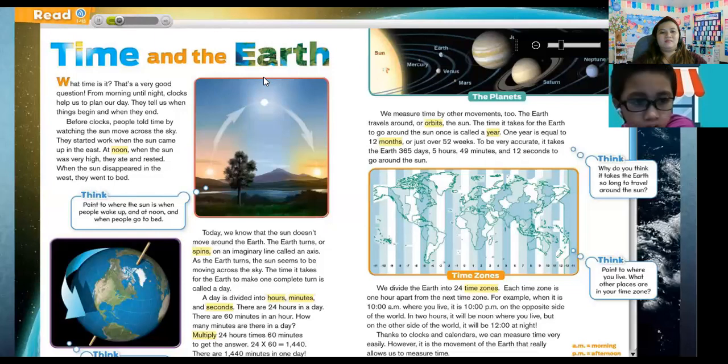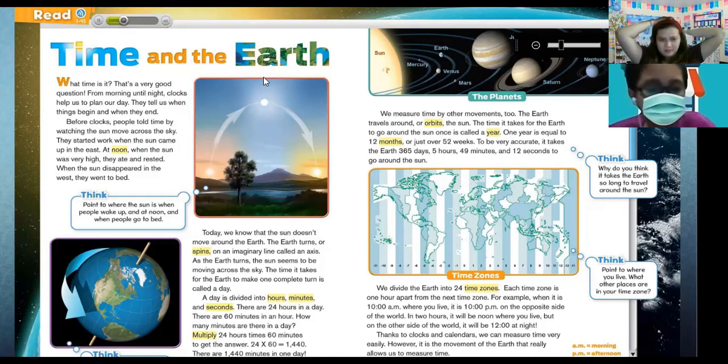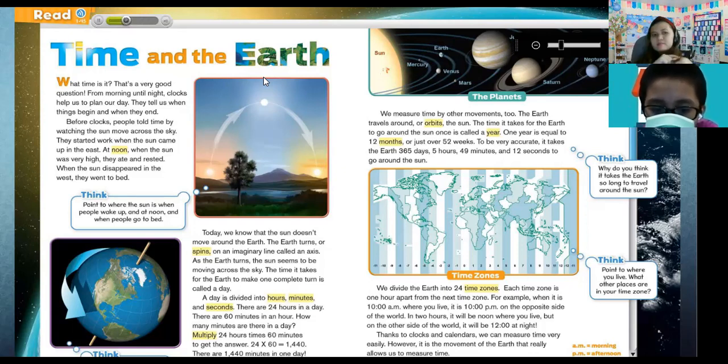Today, we know that the sun doesn't move around the earth. The earth turns or spins on an imaginary line called an axis. As the earth turns, the sun seems to be moving across the sky. The time it takes for the earth to make one complete turn is called a day. A day is divided into hours, minutes, and seconds.